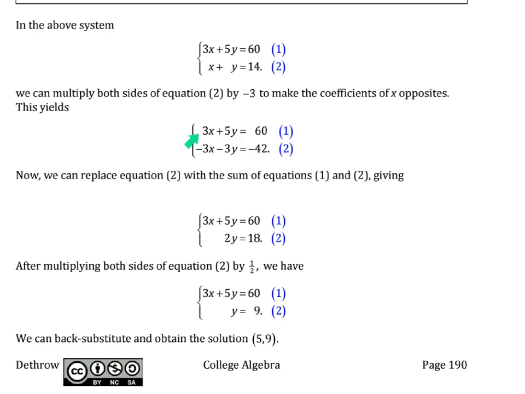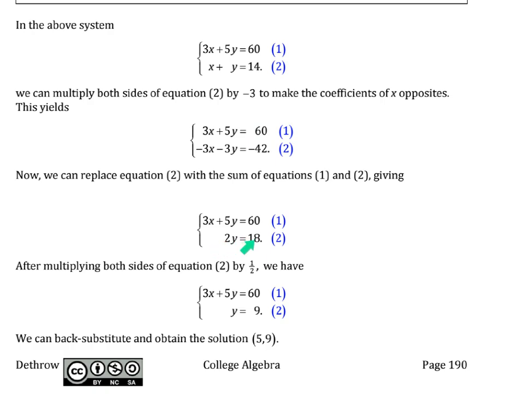So 3x and -3x are now able to be eliminated because we can replace the second equation by the first equation plus the second equation. So 3x and -3x goes away. 5y and -3y yields 2y. 60 plus -42 is +18.